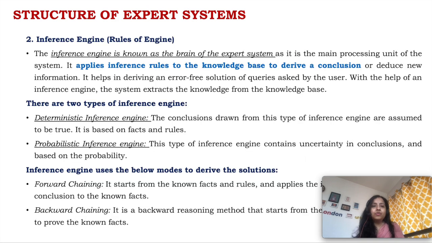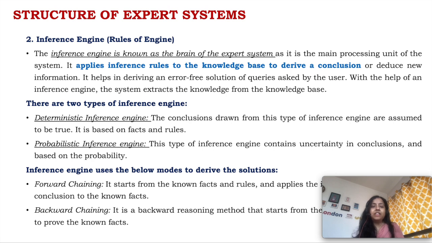Let us go to the next component, that is the inference engine. The inference engine is also called the rules engine. The inference engine is known as the brain of the expert system, as it is the main processing unit of the system.